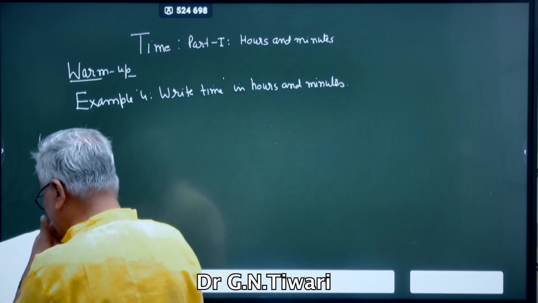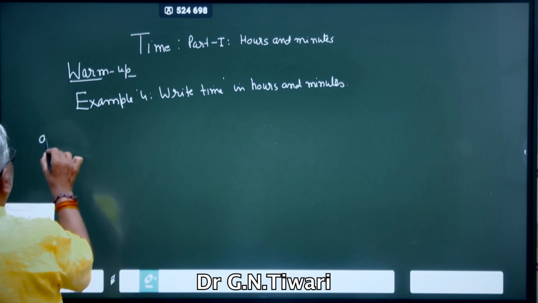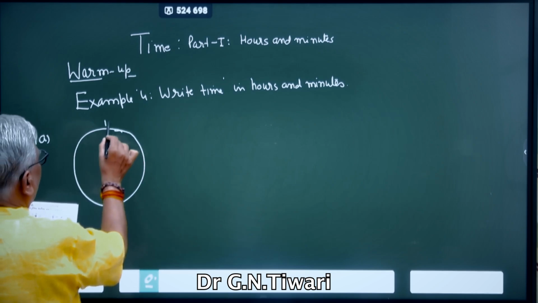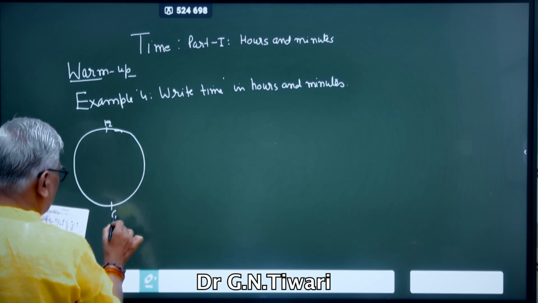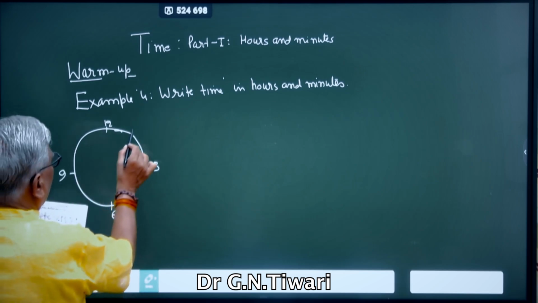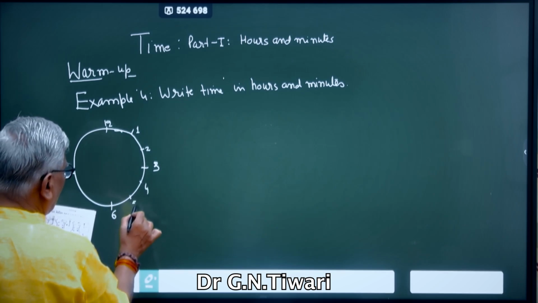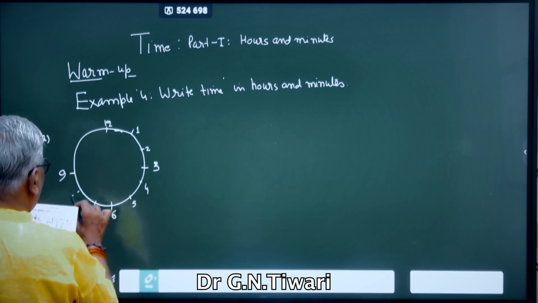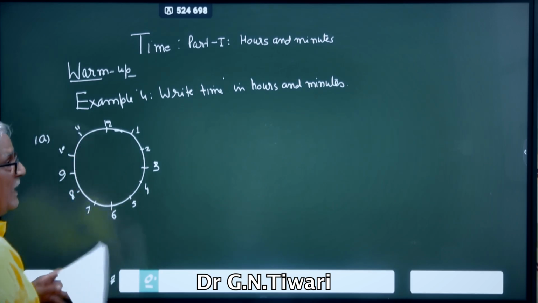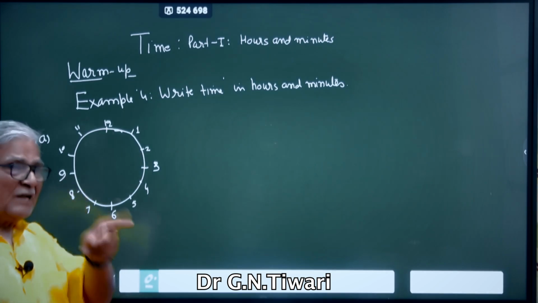अब मैं एक एग्जाम्पल दे रहा हूं उसी तरह के लेकर के, ज्यादा कॉम्प्लेक्स नहीं बनाएंगे. जो है ये एग्जाम्पल है और हमारा ये आपका वॉच है. ये 12 हो गया, ये 6 हो गया, ये 3 हो गया, ये 9 हो गया. 1 2 4 5 7 8 10 and 11. अब देखिए, if your larger hand is not at 12, if it is at 12, 0 minutes.